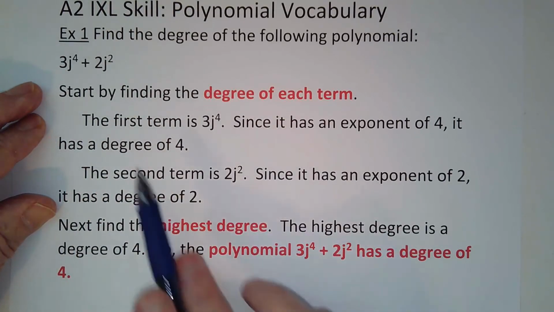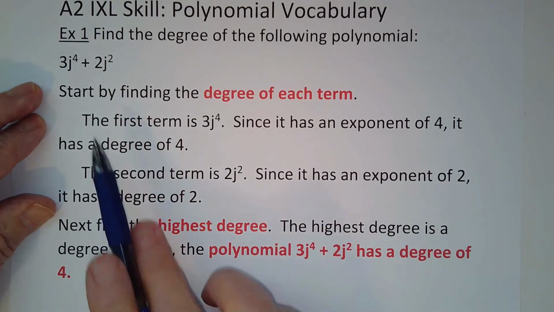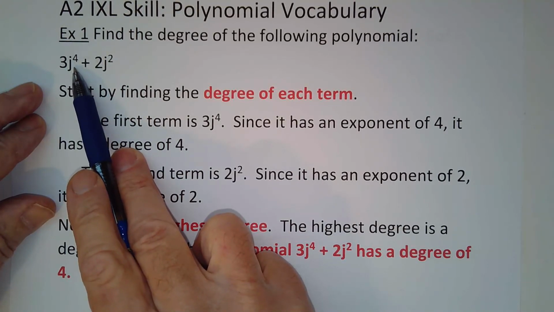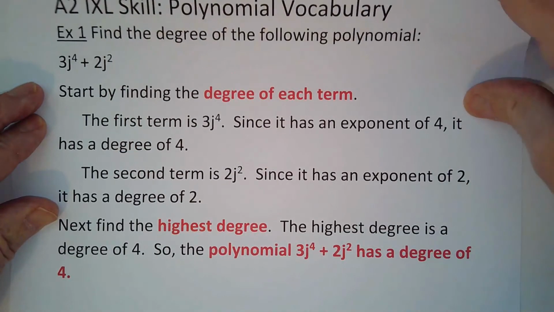So the highest degree is 4. And so the polynomial 3j to the 4th plus 2j squared has a degree of 4, which is just the degree of the term that has the highest exponent.